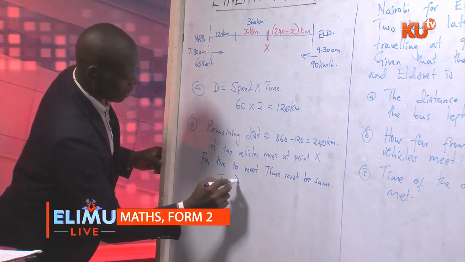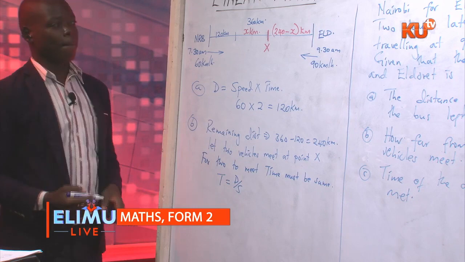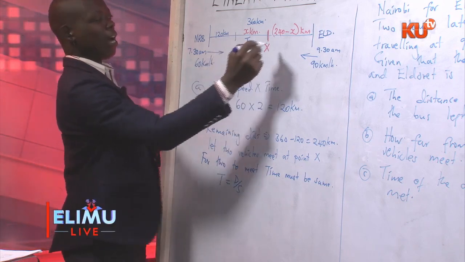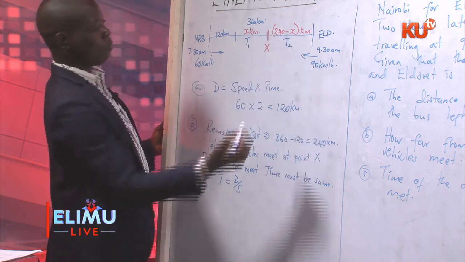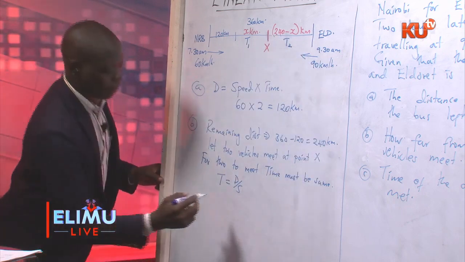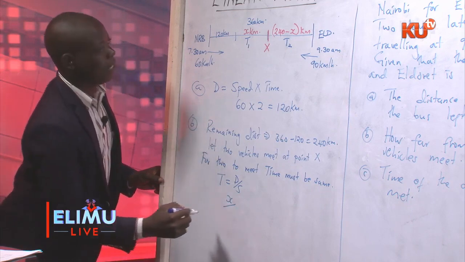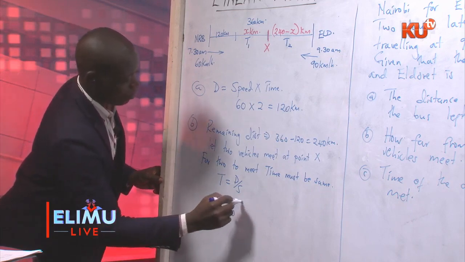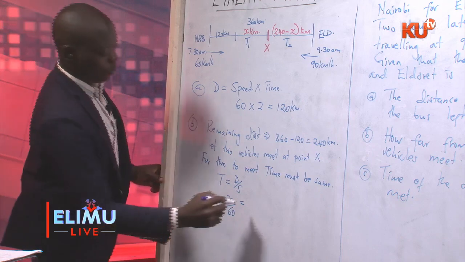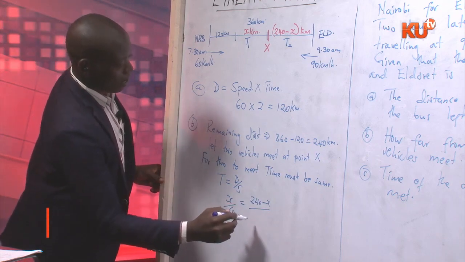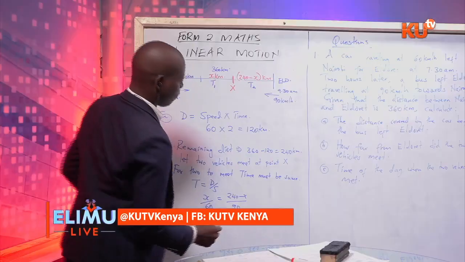Time is distance over speed. I will denote my time 1 as T1 and my time 2 as T2. So T1, which is X over the speed 60, has to be equal to T2, which is 240 less X over the speed 90.